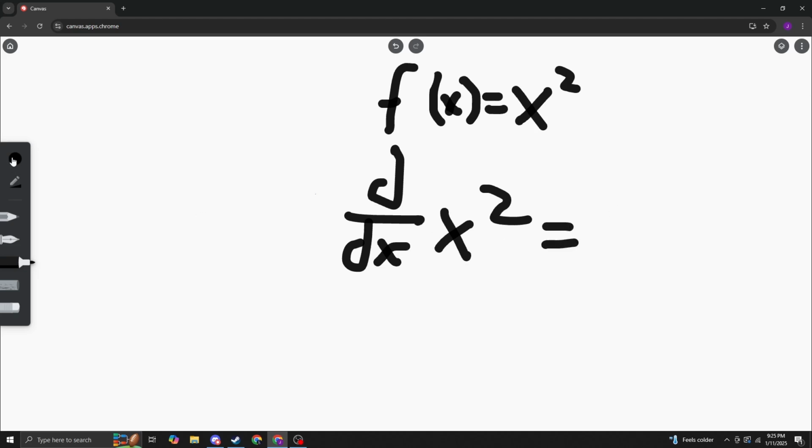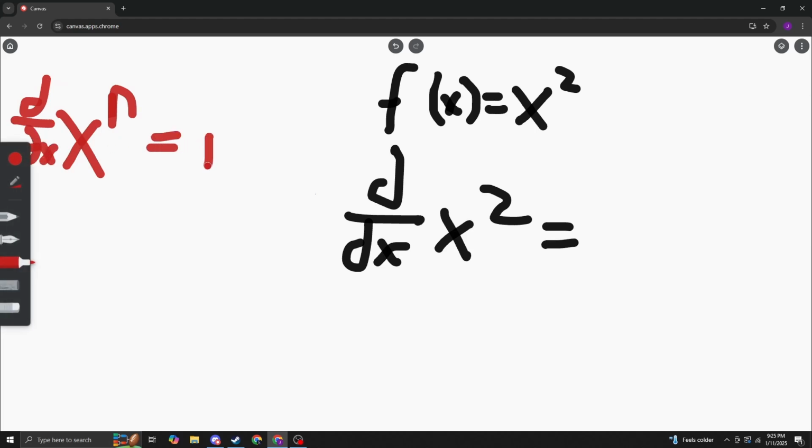And the power rule goes like this. If I want to find the derivative of x to the n power, then it's going to be equal to n times x to the n minus 1 power.